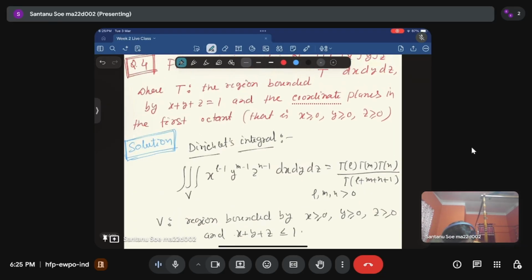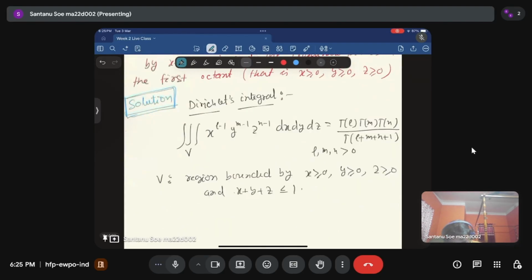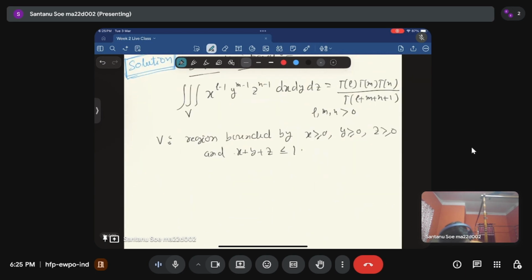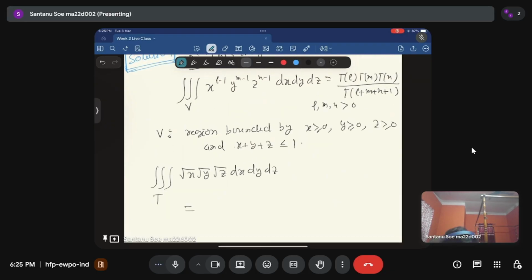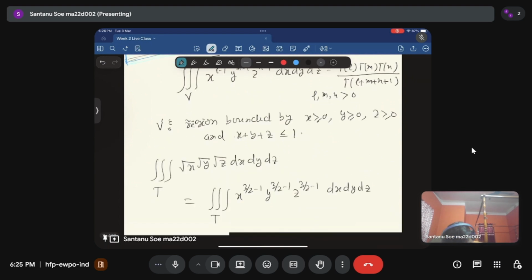So now try to see that this given integral over the region T, root x, root y, and root z dx dy dz, can be written as x to the power 3 by 2 minus 1, y to the power 3 by 2 minus 1, and z to the power 3 by 2 minus 1 dx dy dz, right?